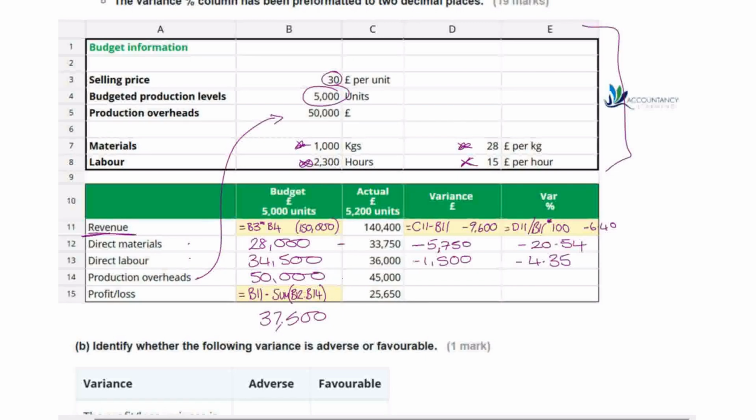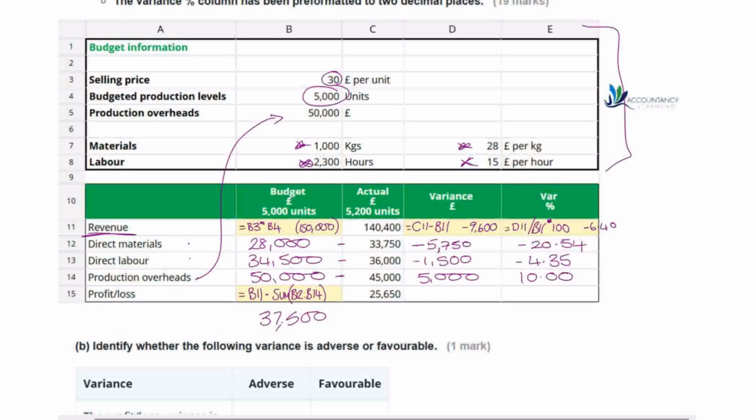Your production overheads, again, we are going to take off the actual from our budget, which gives us 5,000. We divide the variance by the budget and multiply by 100 to give us 10%.